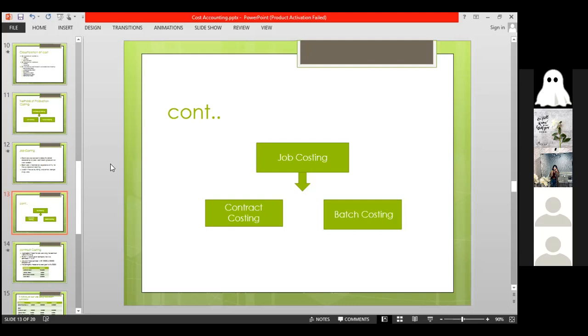Like many medicine manufacturers might have the same batches again and again. What was produced now will be the same thing that is produced again. Hence, that is batch costing.